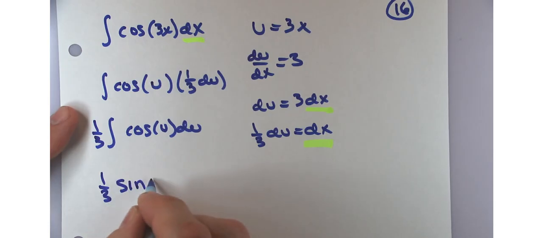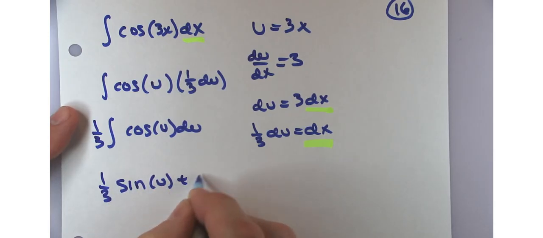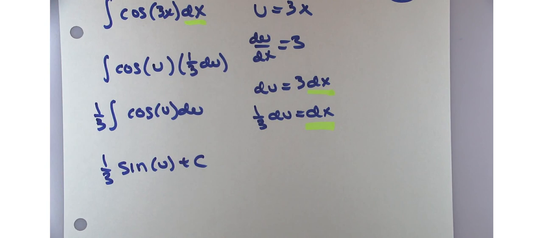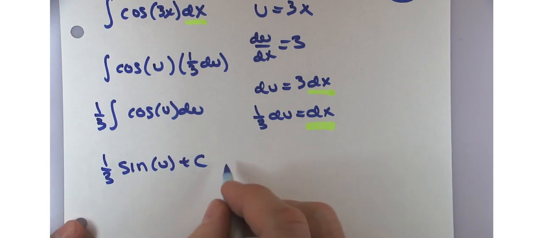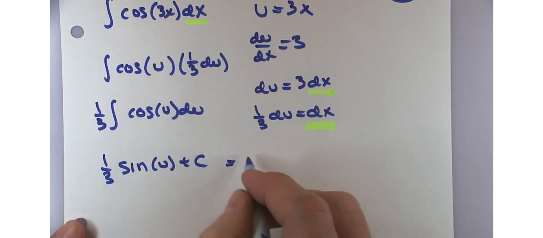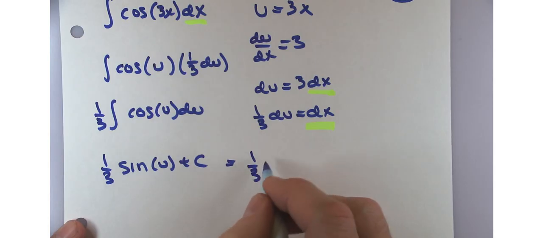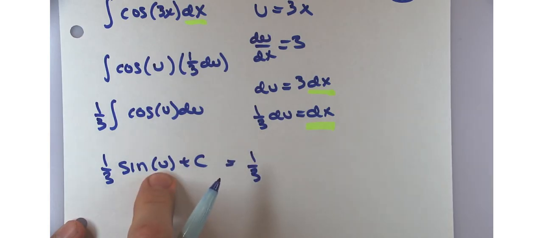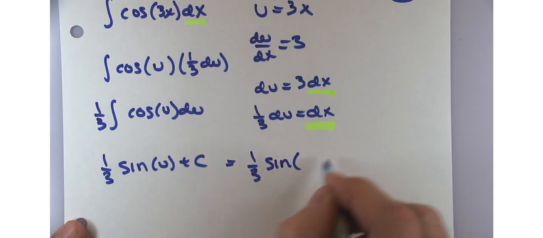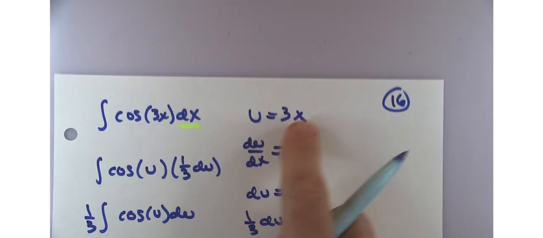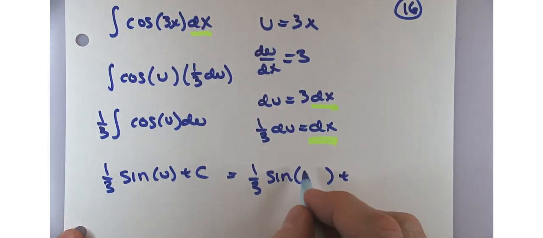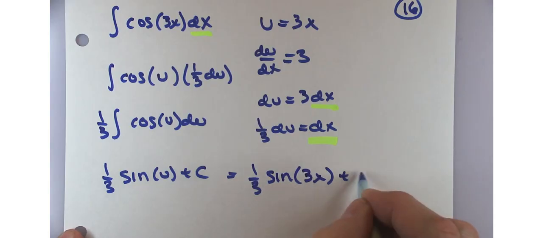Sine. It'd be the sine of u plus a constant. And so that's going to be 1/3 of sine, I can't leave it as a u. What do I got to replace it with? u is equal to 3x, so put in the 3x there, plus a constant.